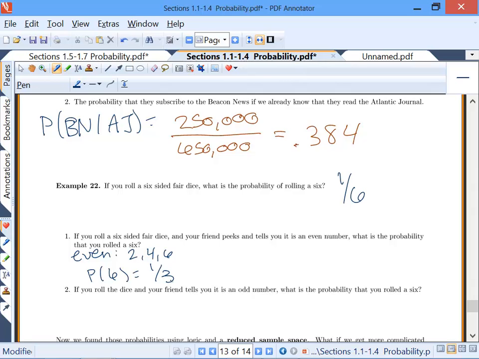So if you roll the dice and your friend tells you that it is an odd number, what is the probability that you rolled a 6? 0. Because there are no 6s that are odd numbers. So again, we've just done all these problems using our reduced sample space. So now I might give you something that's more complicated, so we're going to learn our formula. Any questions on the reduced sample space?